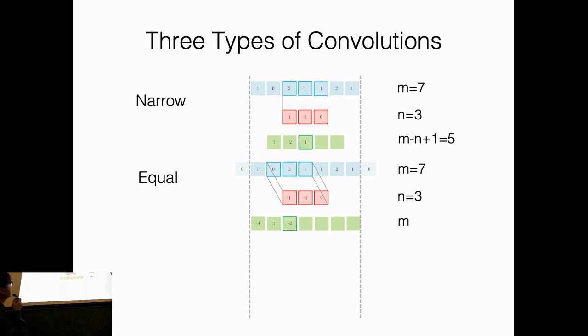And we also have another type of convolution, we call it the equal. You also can find its characteristics. Because we have used the zero padding mechanism, we could maintain the output vector length the same as the input vector length.